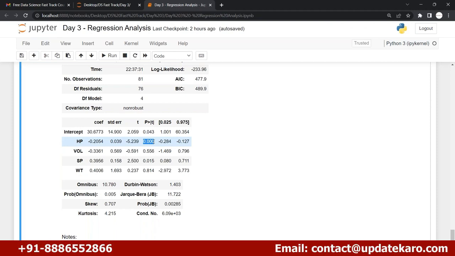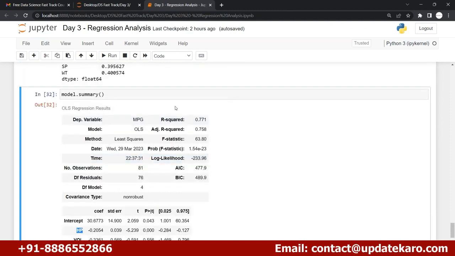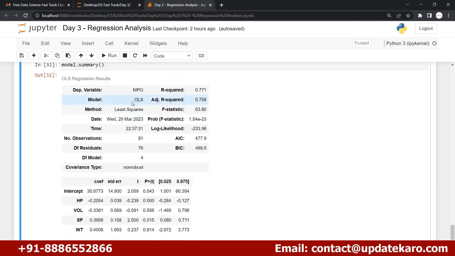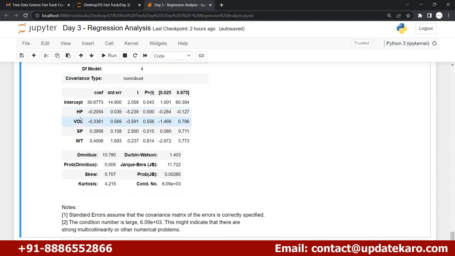So this p value is less than 0.05, so we can simply say that HP is a significant column for making a prediction about the MPG. This is the first column.